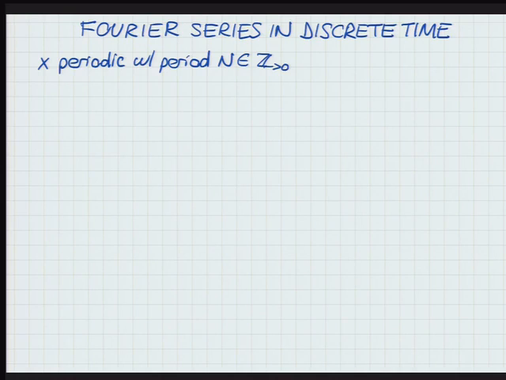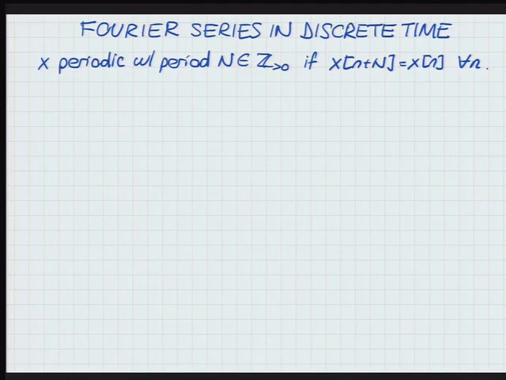With period N, if x of n plus N is equal to x of n, no matter where I start, for all n. Like in continuous time, integer multiples of N are also periods. So we should call the smallest such integer the fundamental period.